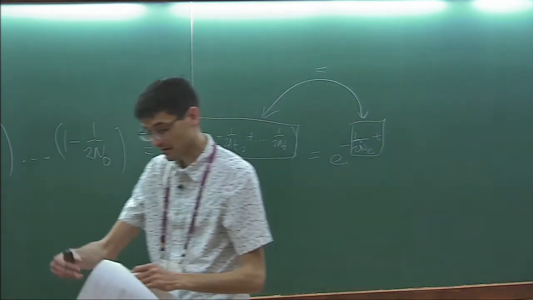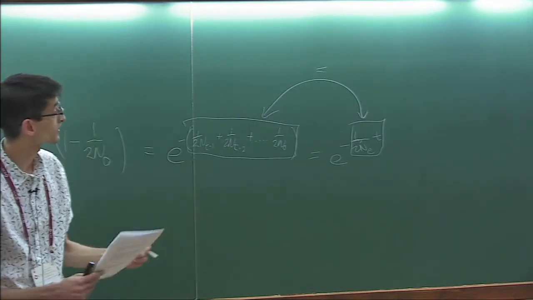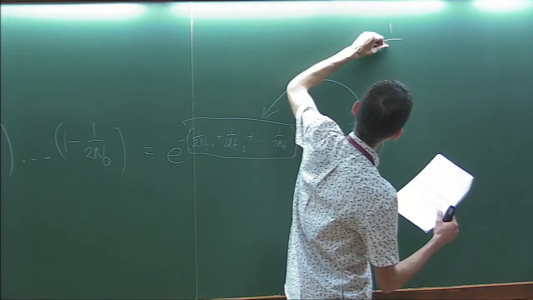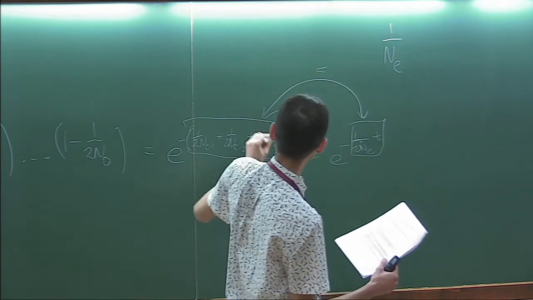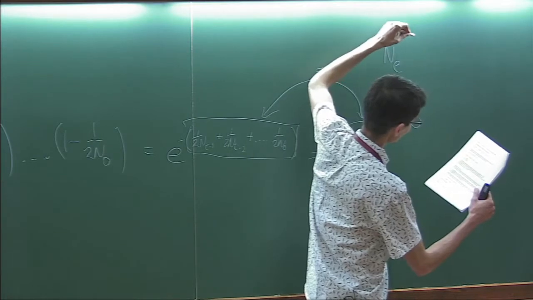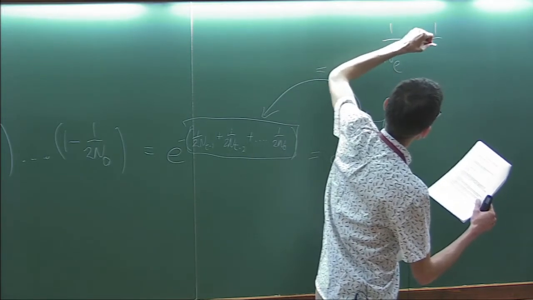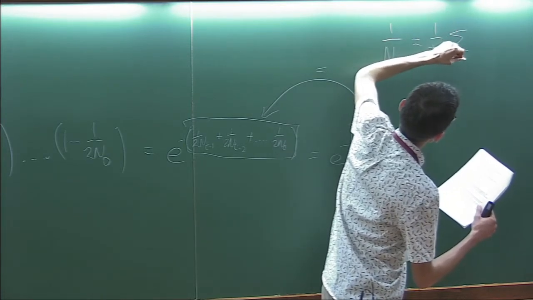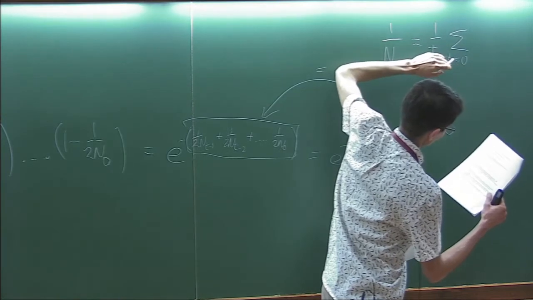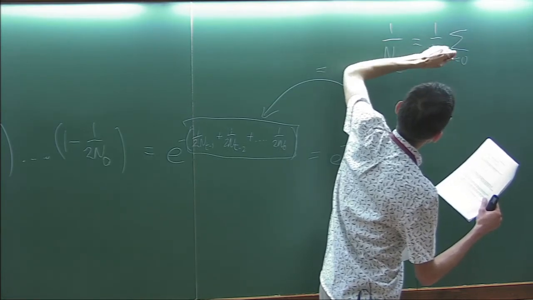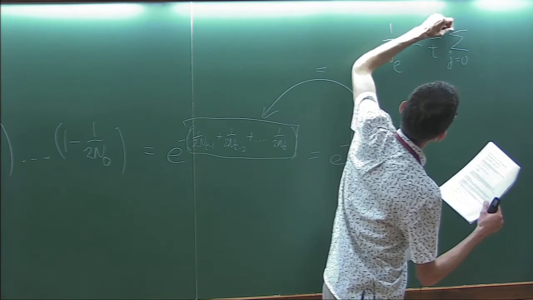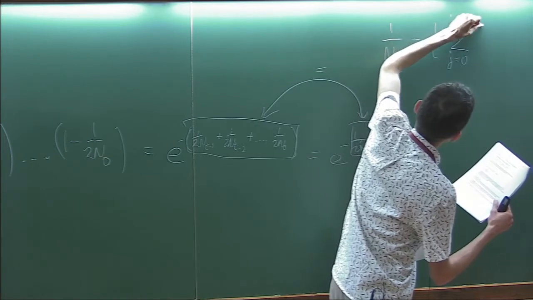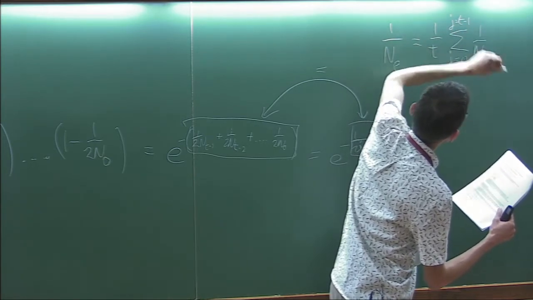So we can do that, and what we find is all the 2's cancel out, and we get 1 over 2n_e is equal to 1 over t times the summation, j going from 0 to t minus 1, of 1 over n_j. Okay.